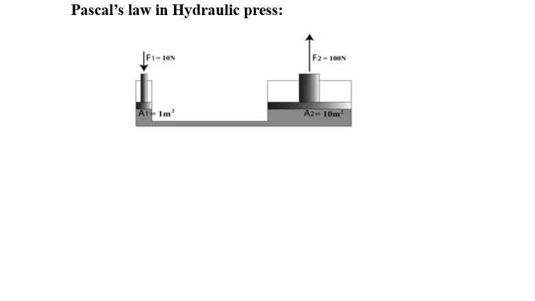A1, the area of the input piston, equals 1 meter square. Here F2 is the output force. Its magnitude is 100 Newton, and the area of the output piston here is 10 meter square.